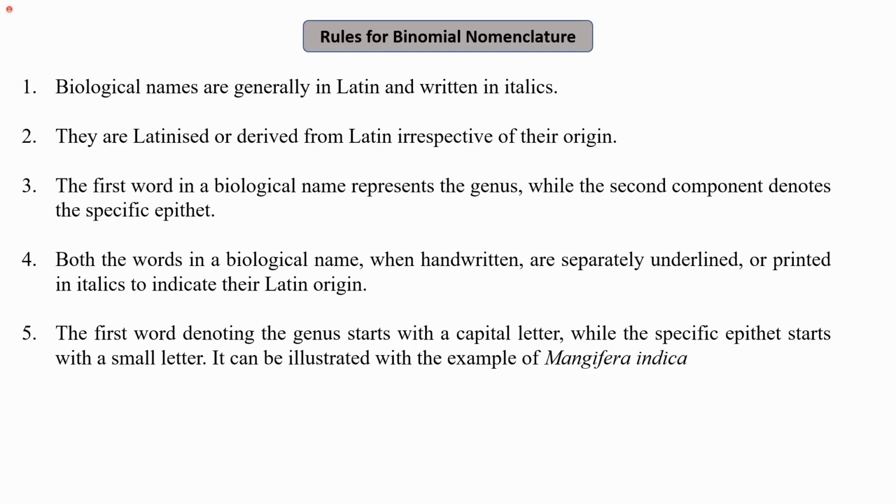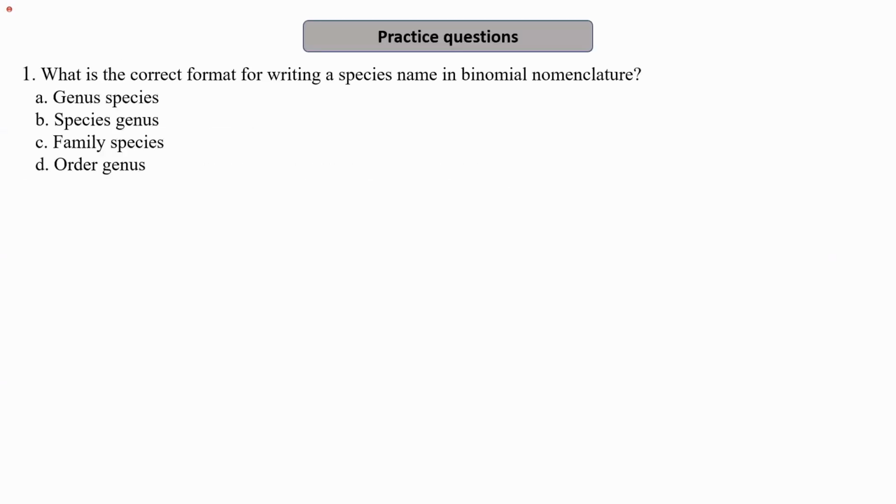This is very important. They should be printed either in italics or in underlined form. The first word, denoting the genus, should be capitalized, while the first letter of the species or specific epithet is always small.